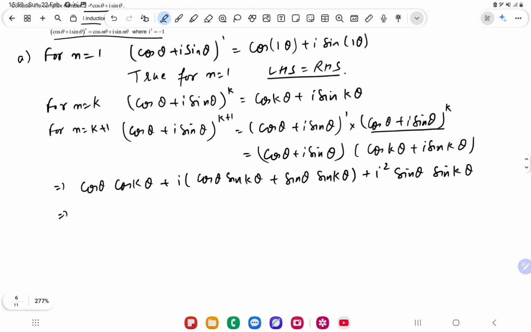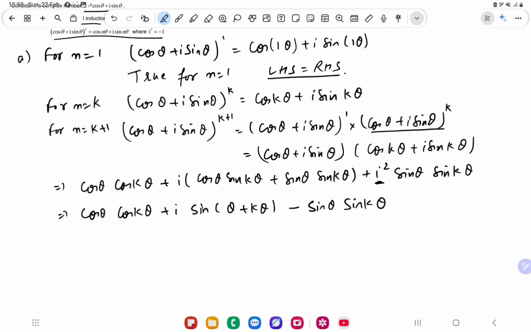Now I can further write it as cos theta cos k theta plus i times, applying the compound angle property, sin of theta plus k theta, minus sin theta into sin k theta.